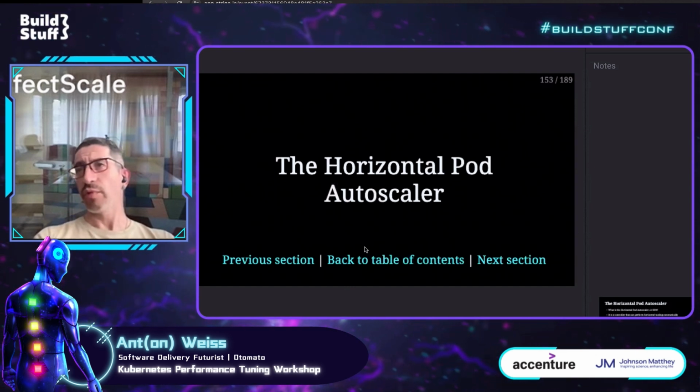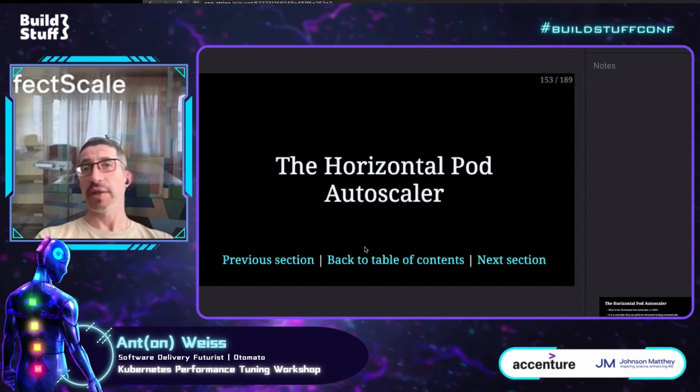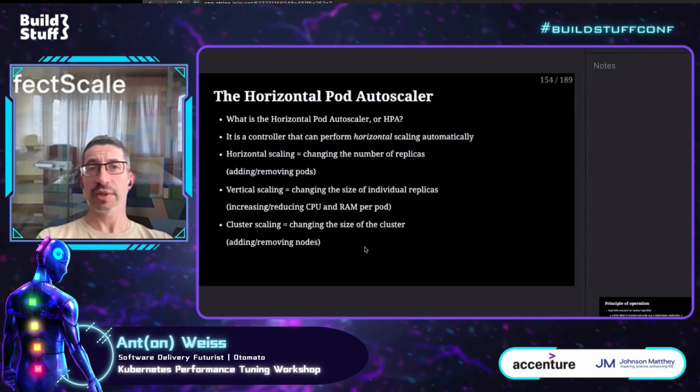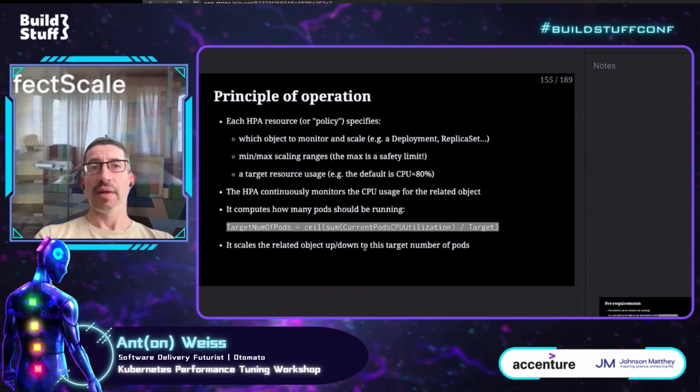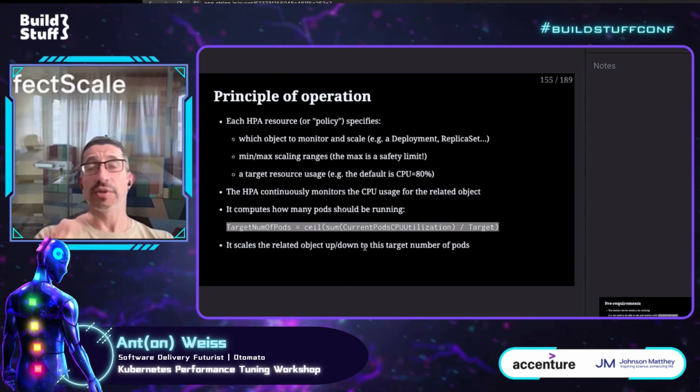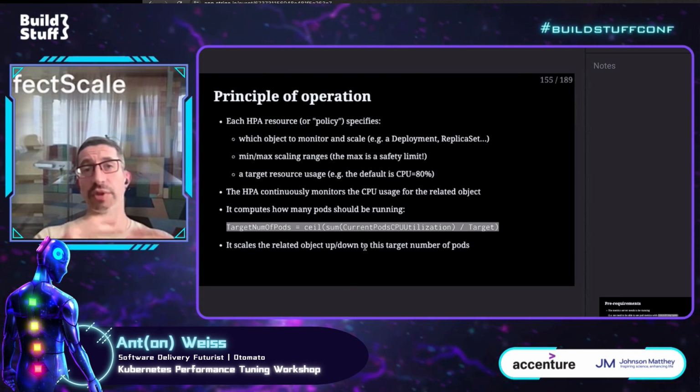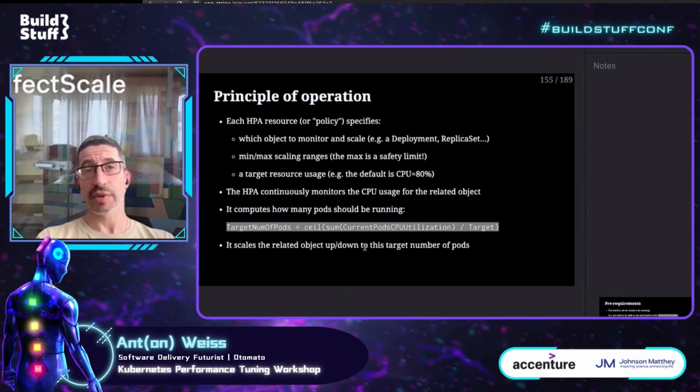That's VPA. Of course, another way of scaling would be horizontal scaling, and that's what the horizontal pod autoscaler does. The horizontal pod autoscaler allows us to change the number of pods in a workload according to resource utilization.